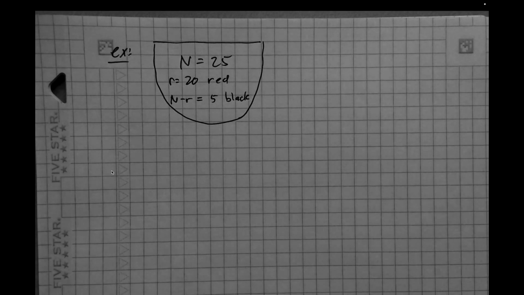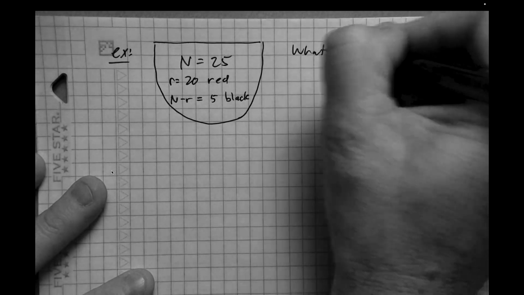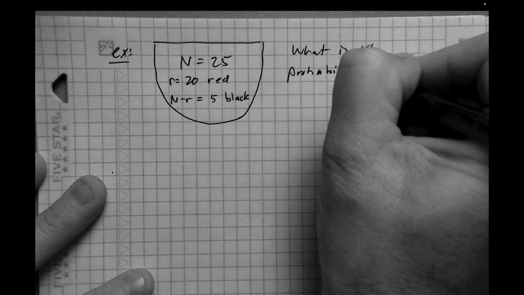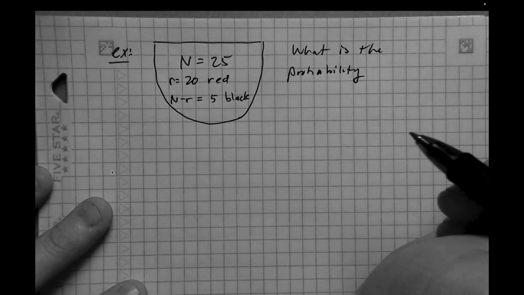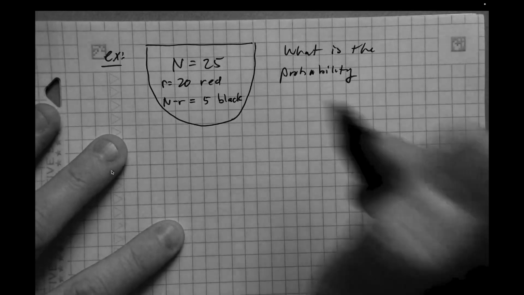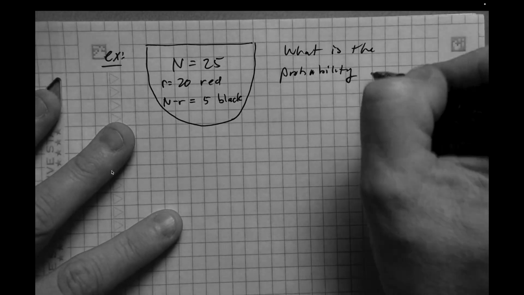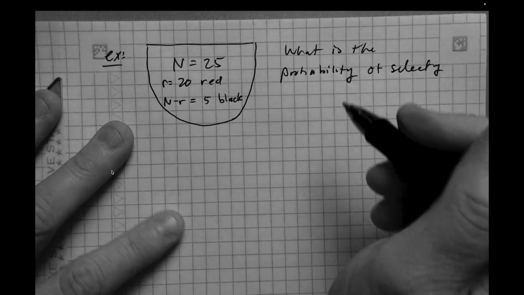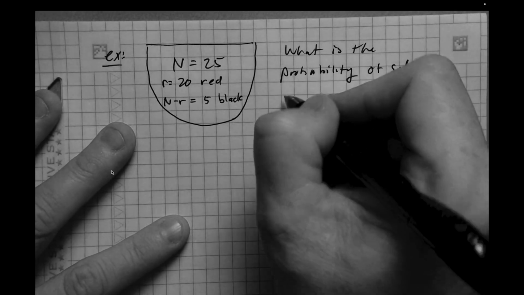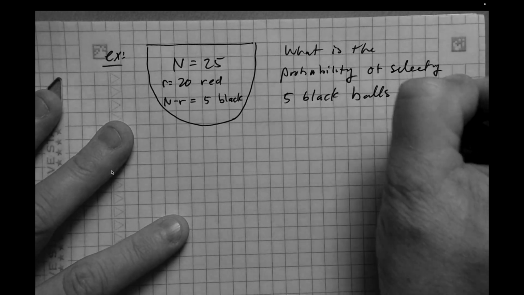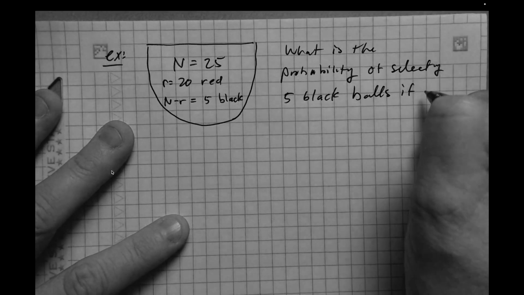Here's the question. What is the probability of selecting 5 black balls if 10 are sampled?